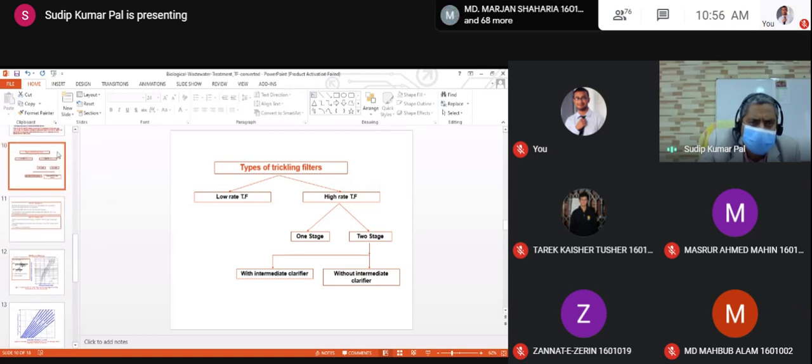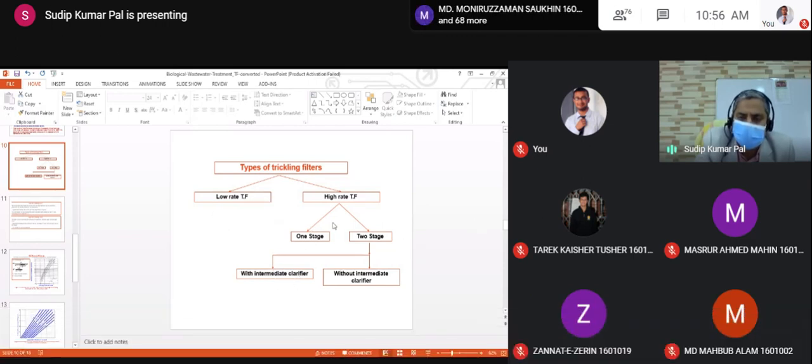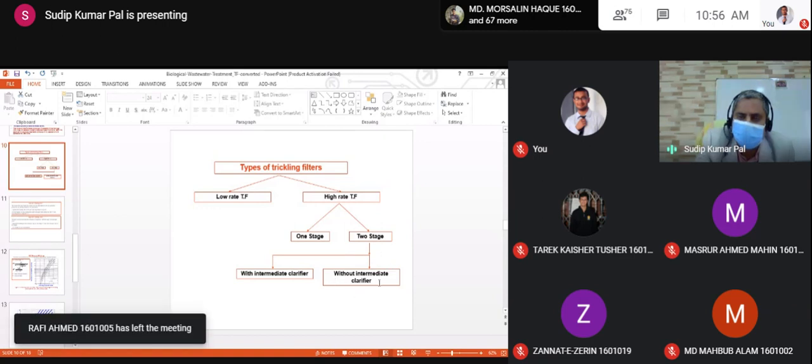A single stage and two stage with the flow chart will make it much clearer. This is a two-stage system with recirculation and without recirculation. With a single stage, no recirculation, and two-stage, recirculation. So you bring it to the intermediate clarifier, and we cannot have it without the intermediate clarifier.